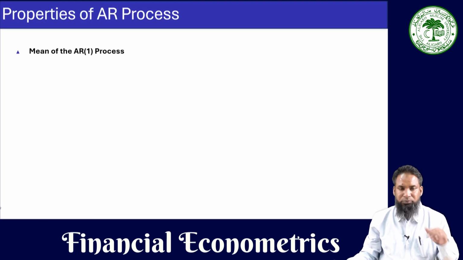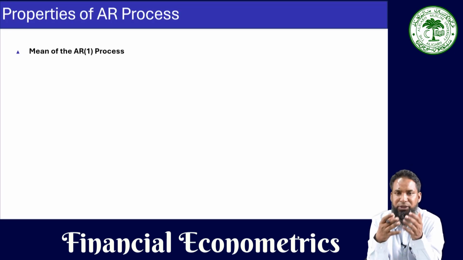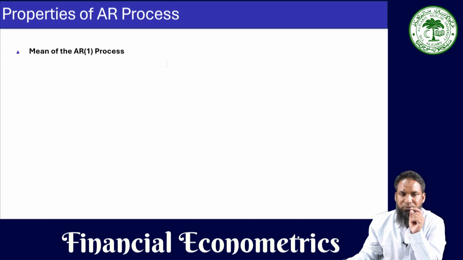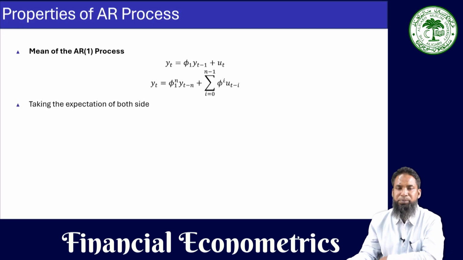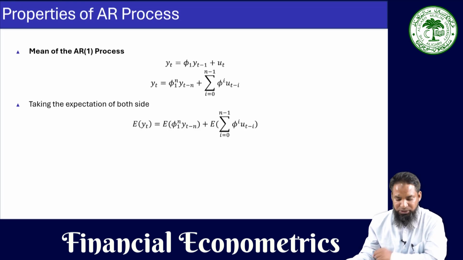Now, let us talk about the first property, that is the mean of the AR1 process. So we will be representing this equation in this form. Let's take the expectation of both sides of this equation. Once we take the expectation, it becomes expectation of yt, expectation of the deterministic part and expectation of the stochastic part.